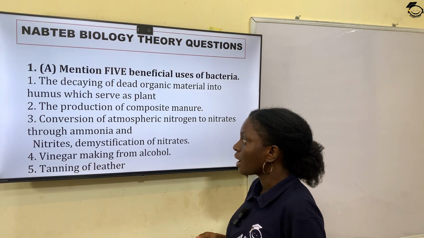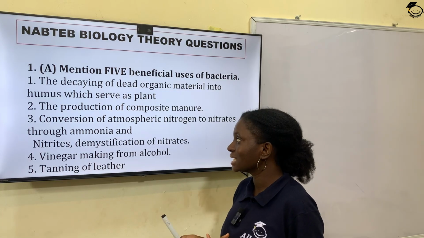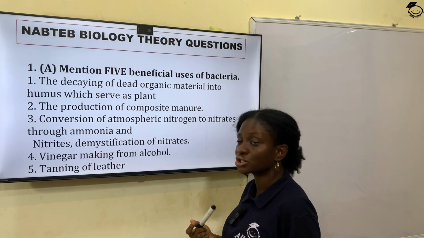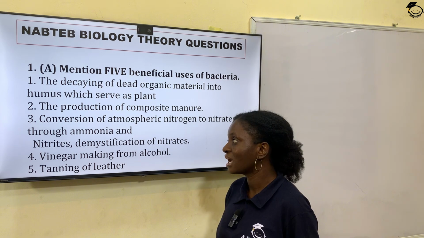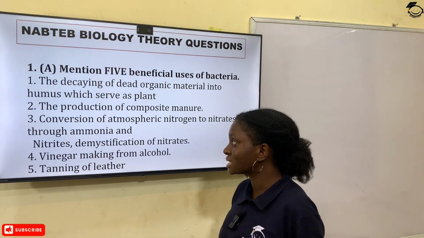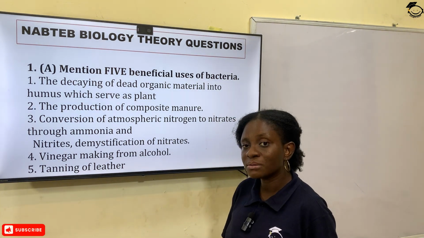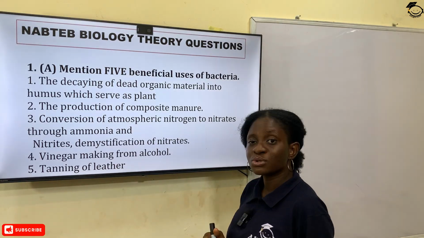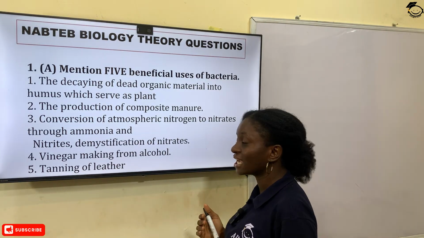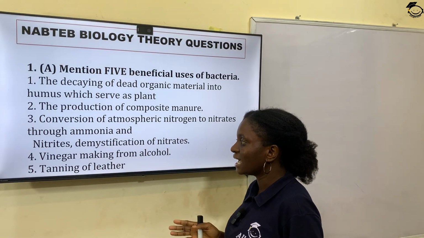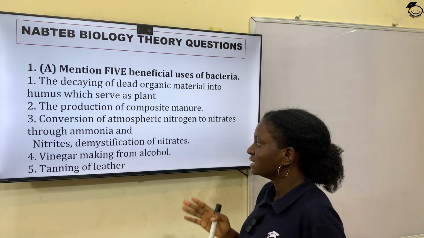Also, 2, bacteria is involved in the production of compost manure. Another beneficial use is that bacteria help in the conversion of atmospheric nitrogen to nitrate through ammonia and nitrites.